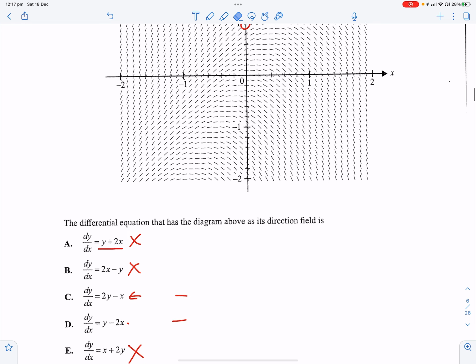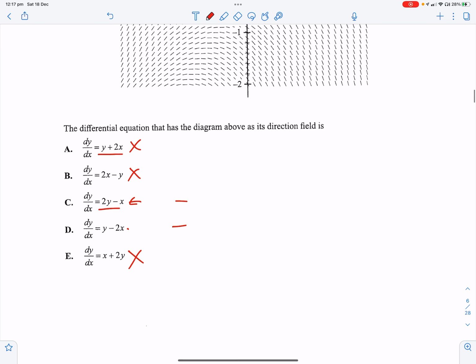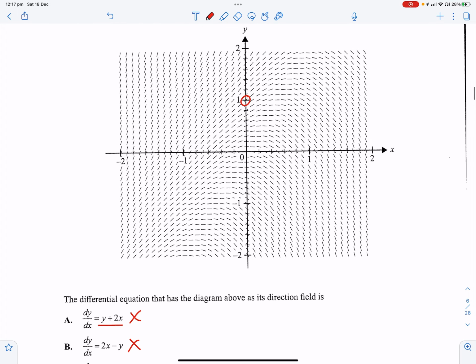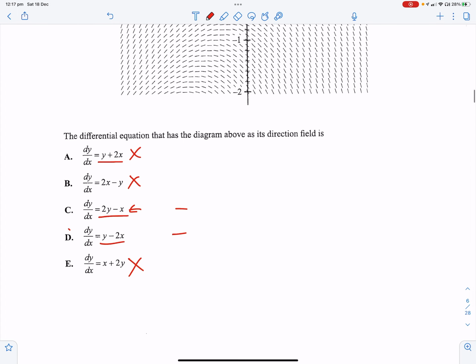What about the point 1, 1? If I sub 1, 1 into here, I get 2. And if I sub 1, 1 into here, I get negative 1. We can see at 1, 1 it's negative, so it's got to be that graph there.